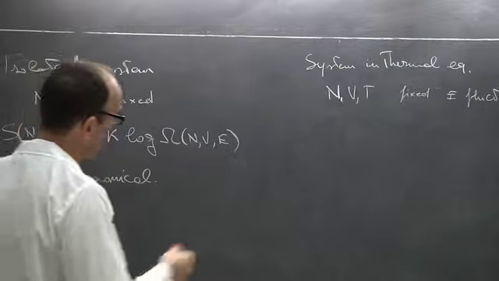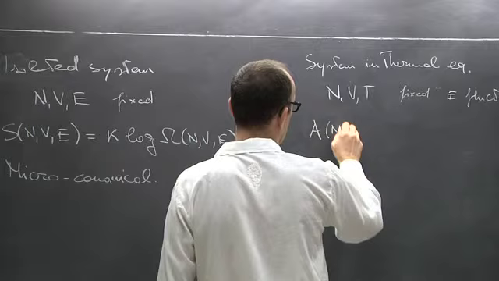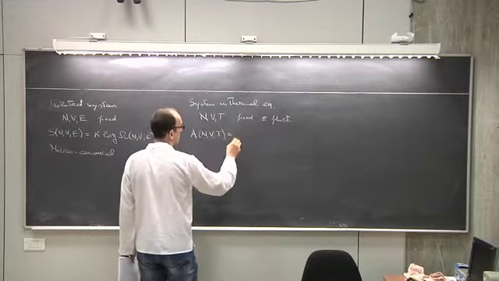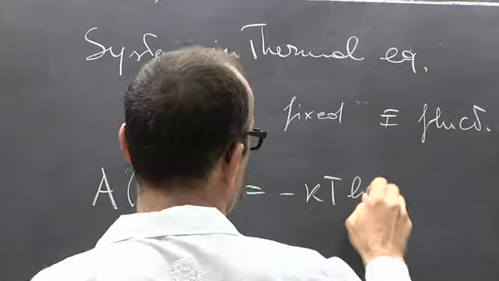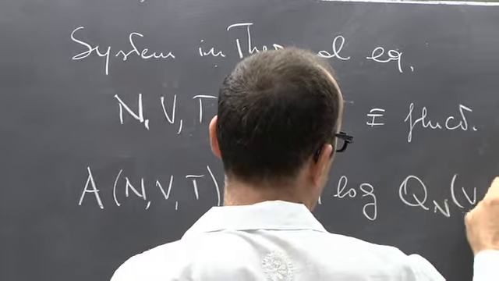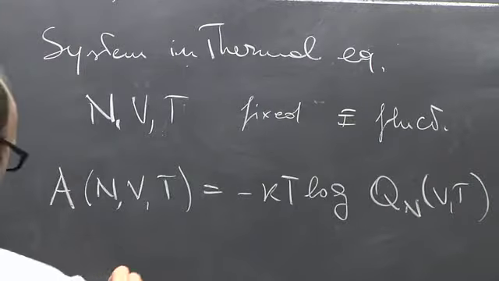And the relevant quantity here is the Helmholtz free energy, which is minus kT times the log of the partition function. And this is the canonical ensemble.